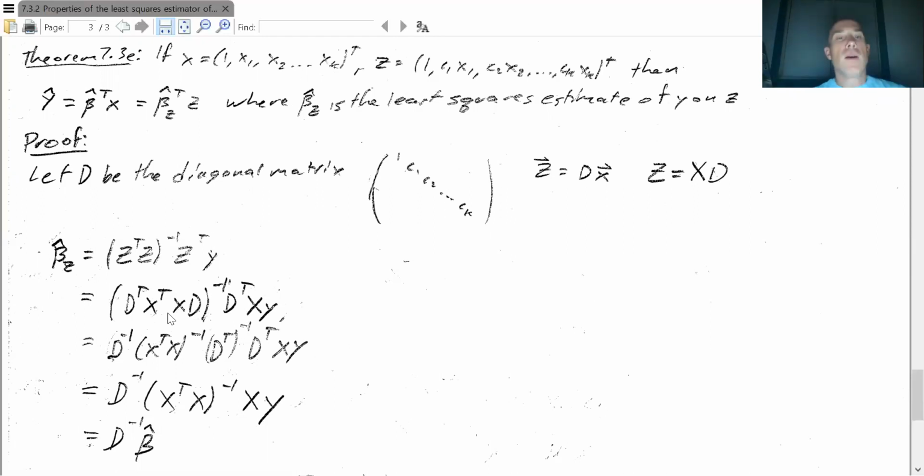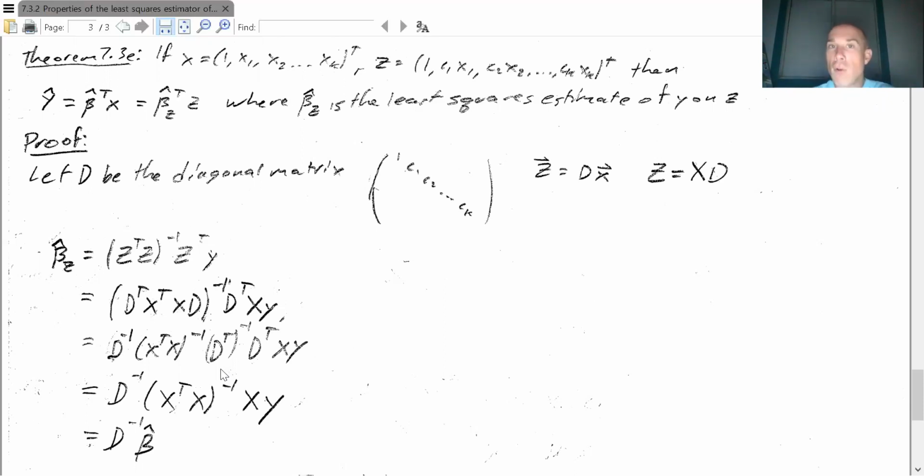Remember, when I have the inverse of a multiplication of three different things, it's going to switch the order and take the inverse of the individuals. So d inverse goes there, the inverse of x transpose x goes here, and then the inverse of the transpose of d.